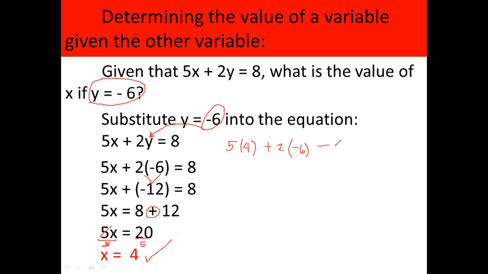Let us see if it is balanced. 5 times 4 is 20. 2 times negative 6 is negative 12. All right, equals 8. 20 minus 12 equals 8. So therefore, 8 equals 8. So the value of x is correct and the value of y is correct.